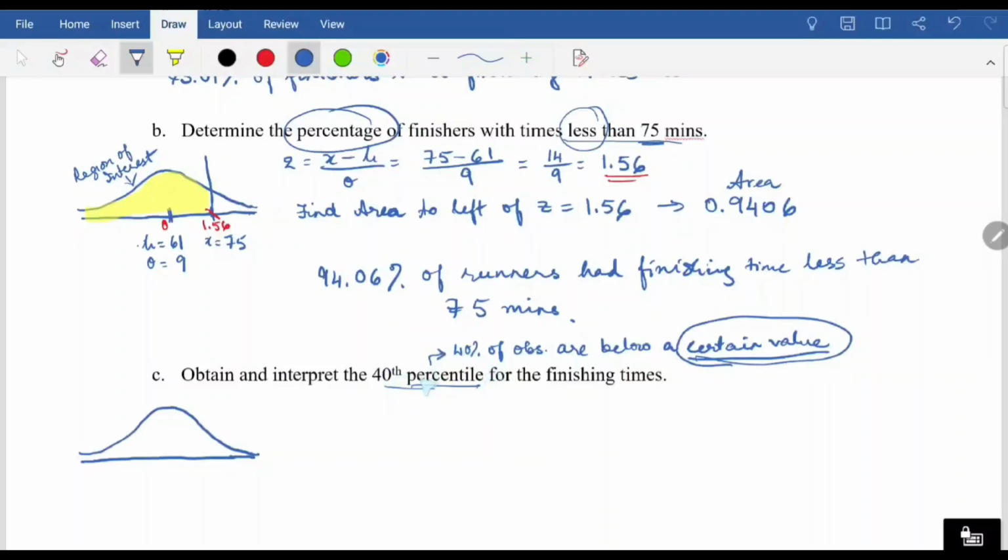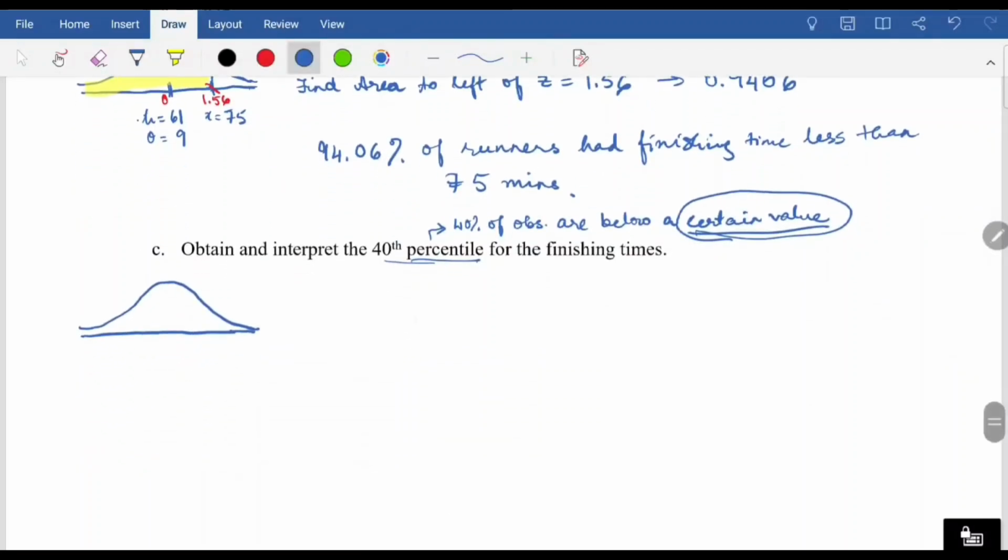Here, they've given us the percentage. We have to convert that to area, and then from the area, we have to find the z value using our table, and then once we have our z value, we are going to find our x value. So we are going to backtrack the steps we have performed so far for the previous problems.